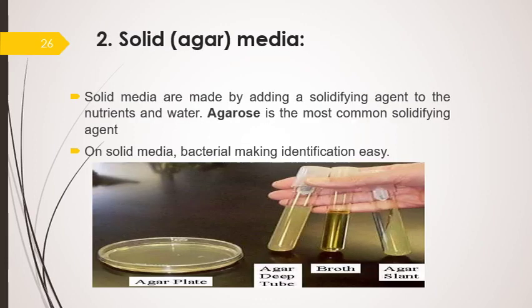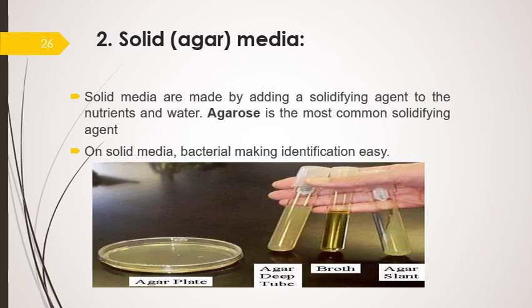The second one is solid media or solid agar media. This media is usually obtained by adding a solidifying agent in the nutrient and water. Agarose is the most common solidifying agent that we use in this media. A petri dish containing the agar is referred to as agar media.